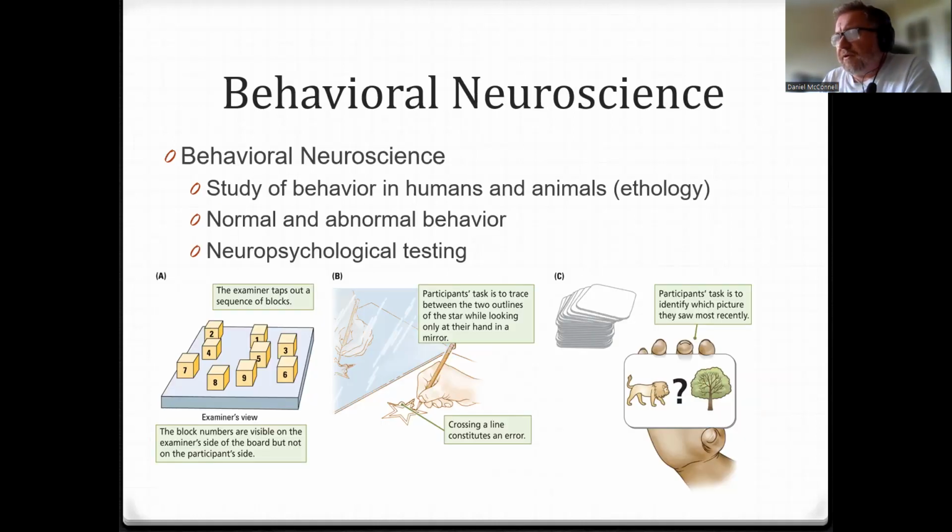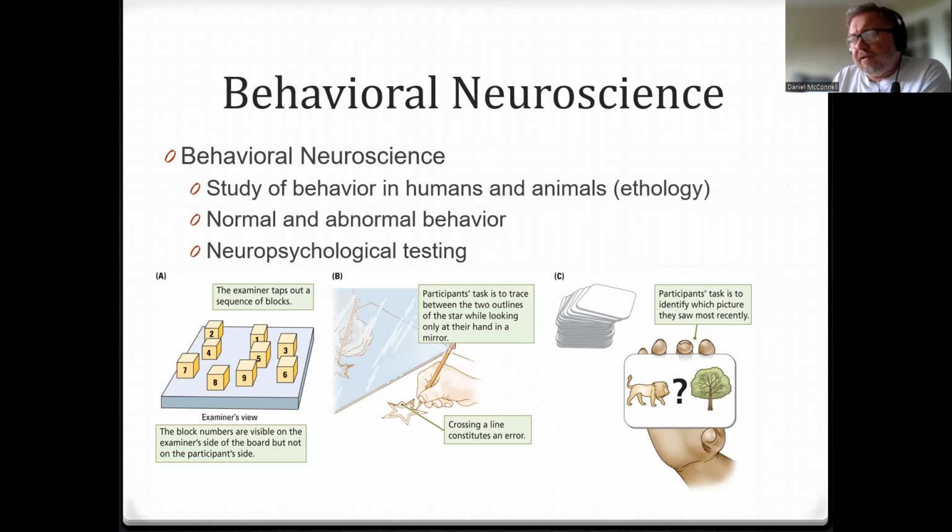Back here, these are other examples of some of these behavioral neuroscience tests, this neuropsychological testing that I described. So here's a few other examples of tests that I didn't list here. One is the series of numbers. You see a series of blocks like this, and they are numbered 1 through 9. And then maybe you just have to remember the correct sequence 1 through 9.